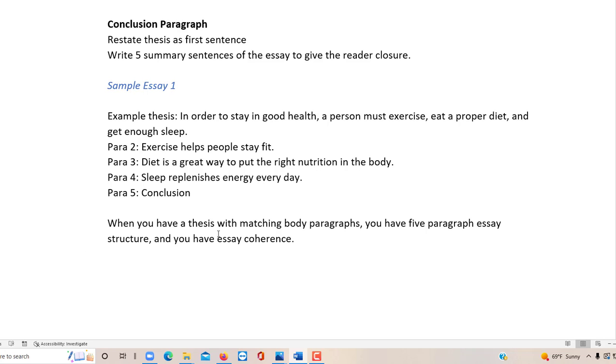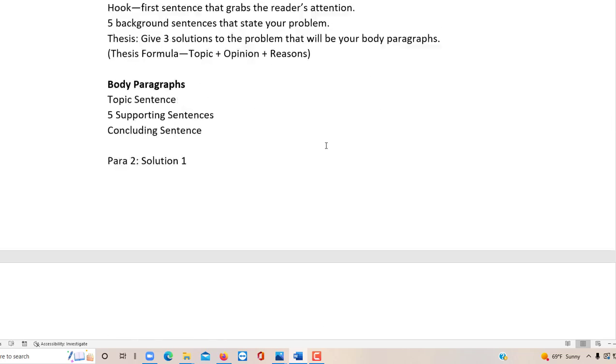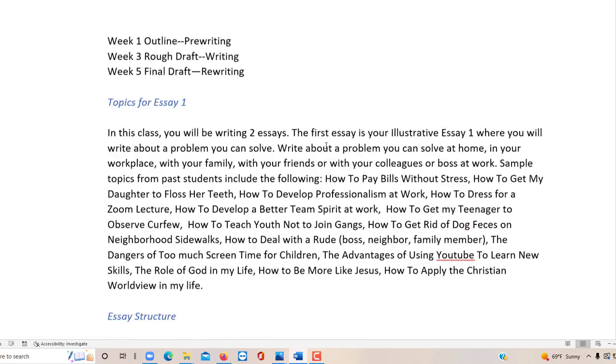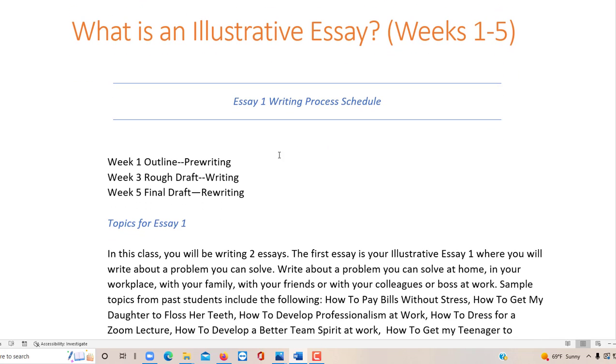So when you have a thesis with matching body paragraphs, you have the 5-paragraph essay structure, and as a result, you have essay coherence. And so for this essay 1, I want to focus mainly on essay structure.